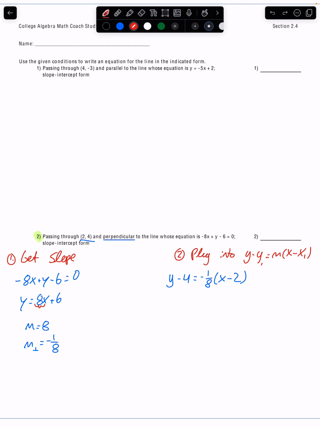We distribute the negative 1/8. Add 4 to both sides. And this would be our final answer.